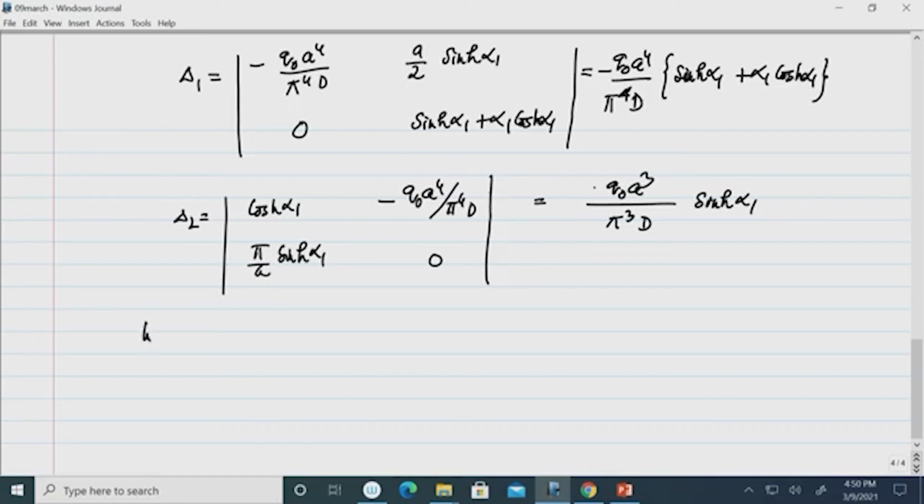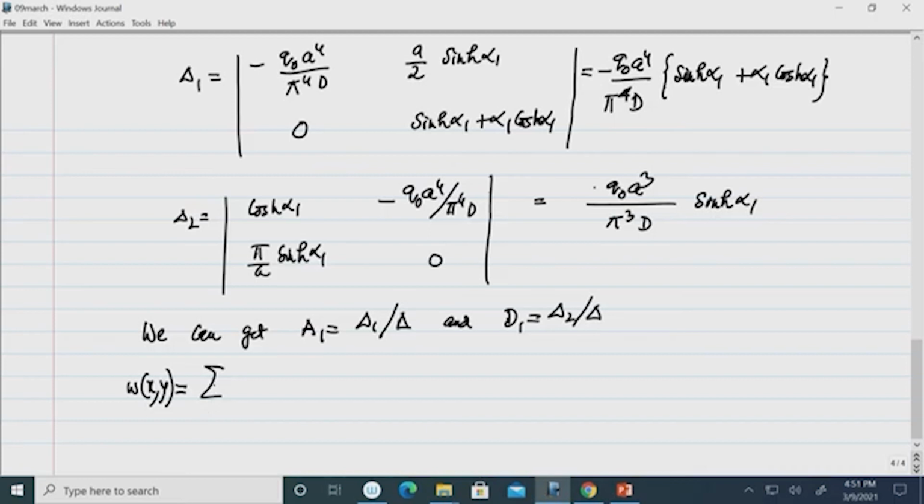Now, we can get a1 as delta 1 divided by delta, and d1 as delta 2 divided by delta. Once this a1 and d1 are known, the deflection series is simply calculated, because only m equal to 1 is important here and the other terms do not exist.